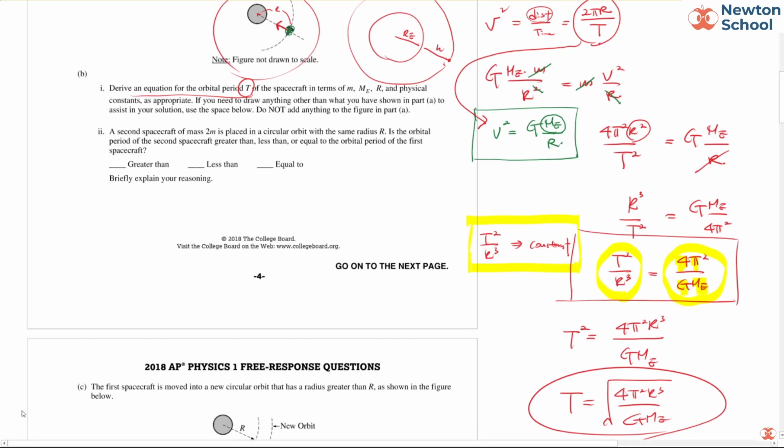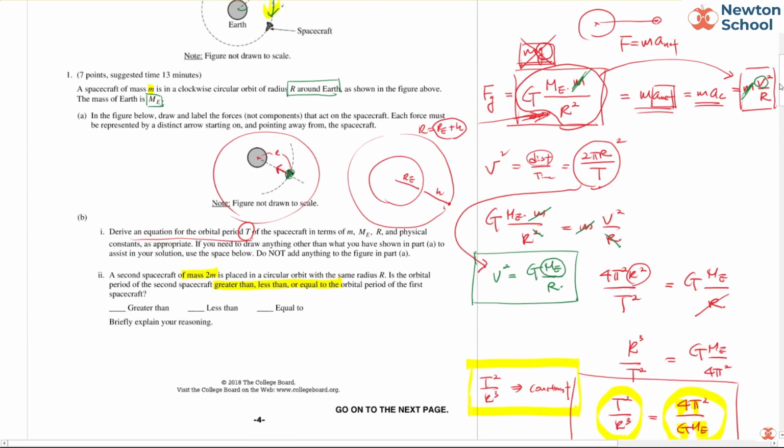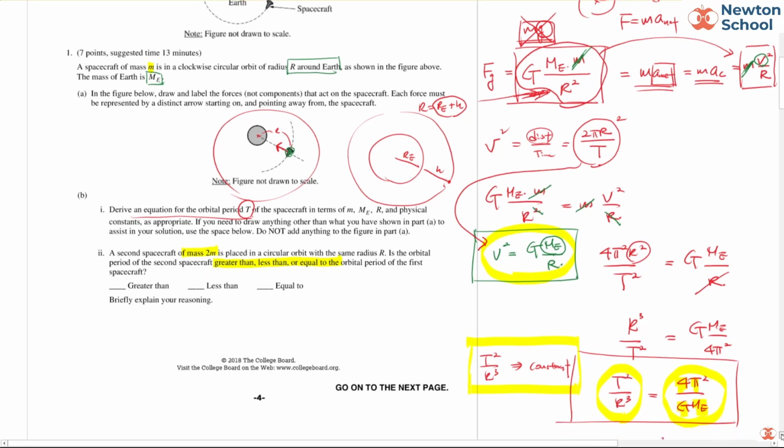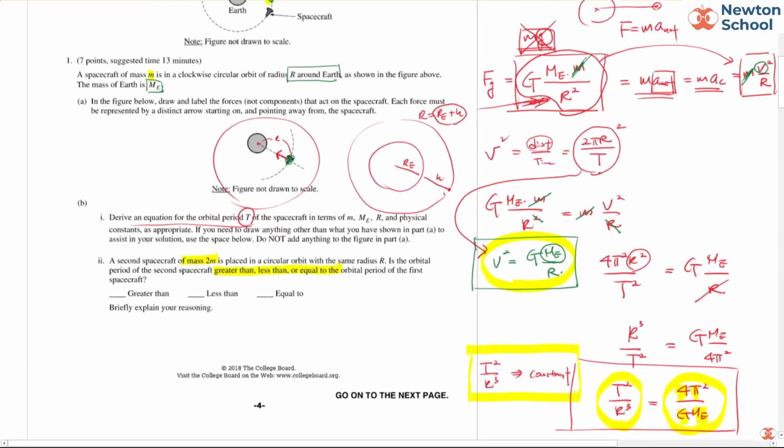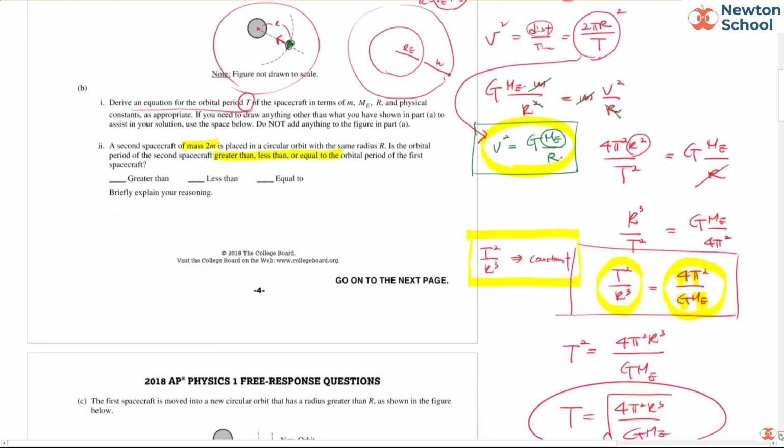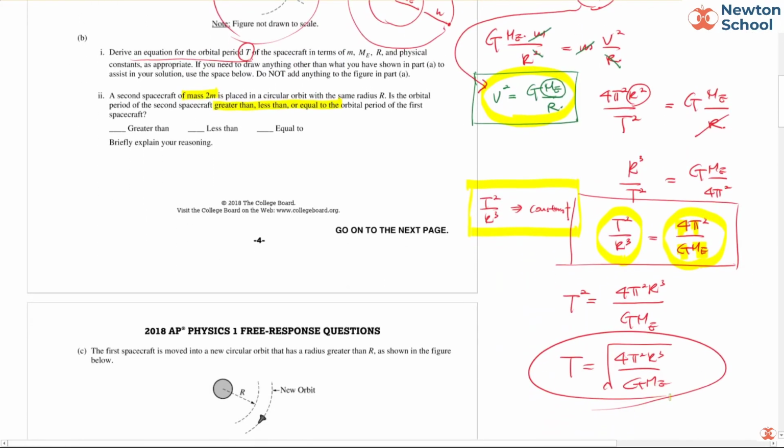Now, for a second spacecraft of mass 2m placed in a circular orbit, is the orbital period of the second greater than, less than, or equal? This I already explained, because above, the orbital speed, or orbital period, was this, and there's no mass of the spacecraft.